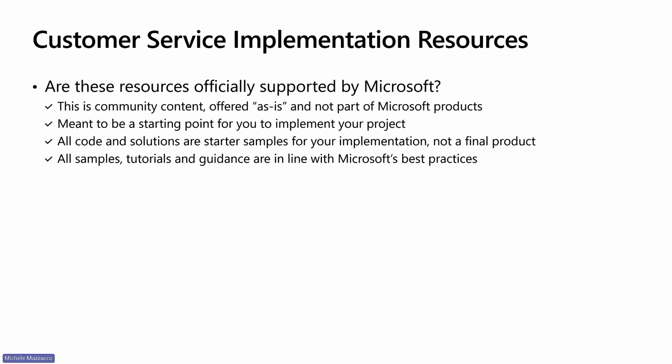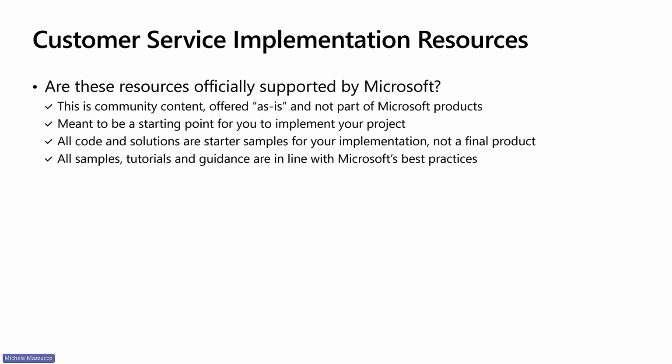Before we deep dive on today's content, let's answer some of the common questions about our implementation resources. We implement our deliverables by following Microsoft best practices and product recommendations. However, they are not considered part of the product. These resources must be considered community content, documentation, and starter samples to implement your own project, not final product for production use.